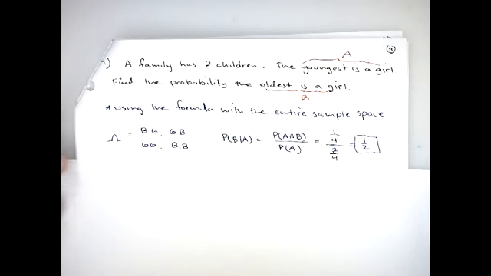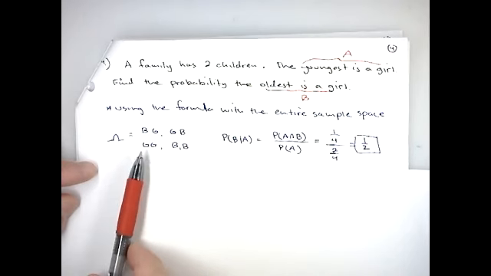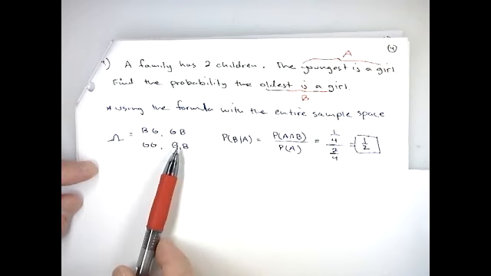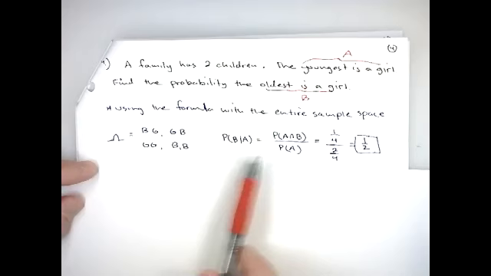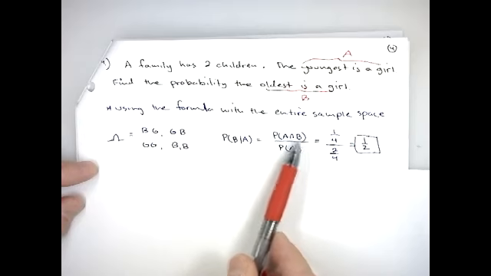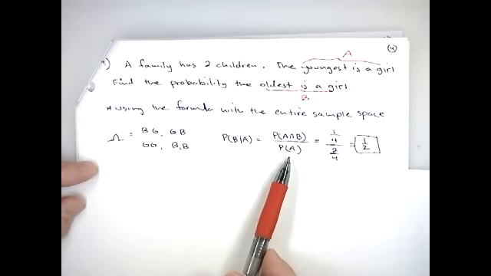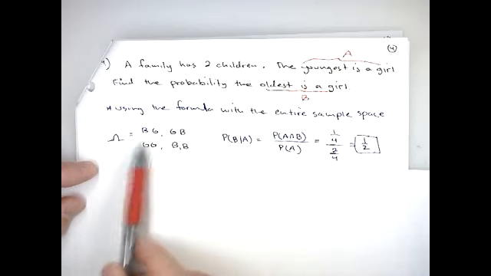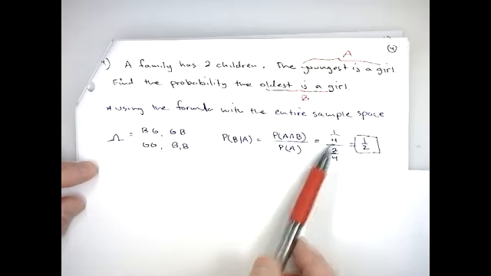Let's use the formula here. So my entire sample space is sitting right here. The probability of B given A is the probability that A and B both happen, that the youngest is a girl and the oldest is a girl, divided by the probability that the youngest is a girl. Both of them, youngest and oldest, being a girl is this 1 out of the 4.